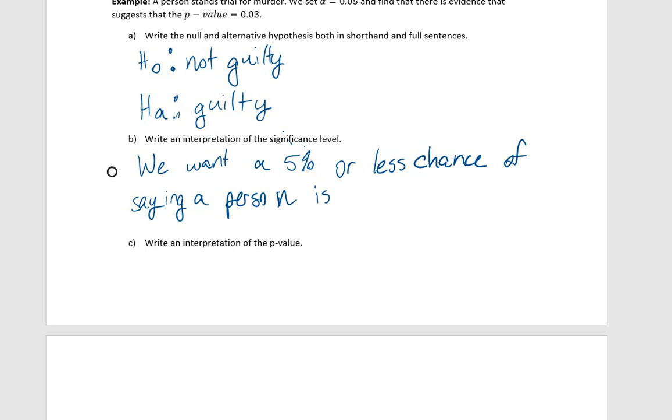Let's think about this. Remember, the significance level is that we reject the null hypothesis when it's actually true. So we want there to be a 5% or less chance of saying a person is guilty when they actually aren't.